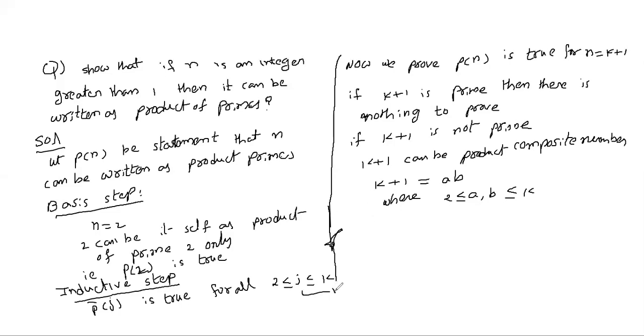But we just assumed P of j is true for all j with 2 less than or equal to j less than or equal to k. That means every number between 2 and k can be written as a product of primes. Here a and b are also between 2 and k.